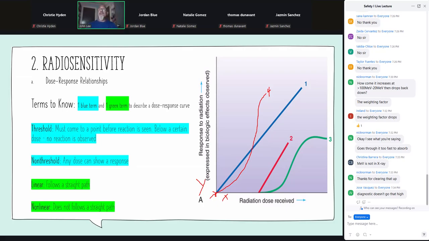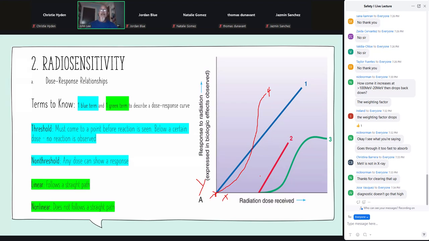As soon as we start to go over on the x, we start to go up on the y. As soon as we go up on the radiation dose received, we're going to start to see a response. That is non-threshold. The shape of the line, it's a straight line. So this is a non-threshold linear dose response.